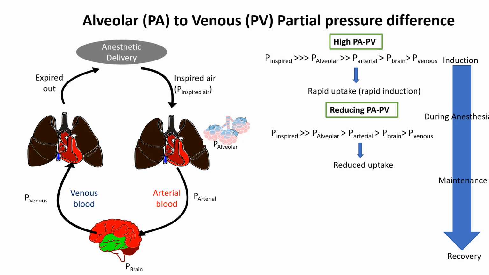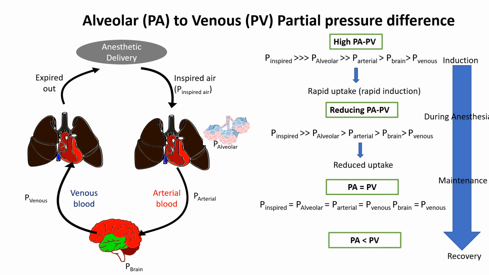During the maintenance phase, the PA to PV gradient further narrows and finally equilibrates as the blood and tissues are saturated with anesthetic. During recovery from anesthesia, as the anesthetic delivery stops or decreases, the alveolar partial pressure drops. At the same time, the anesthetic released from saturated tissues increases the venous partial pressure, thereby reversing the gradient.